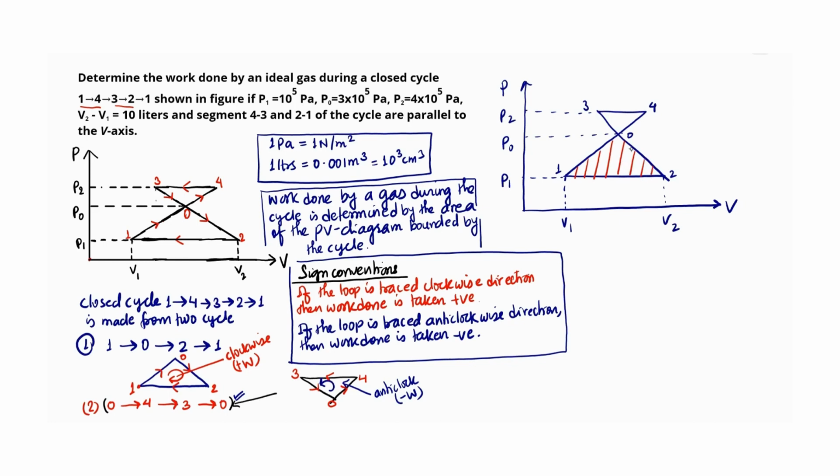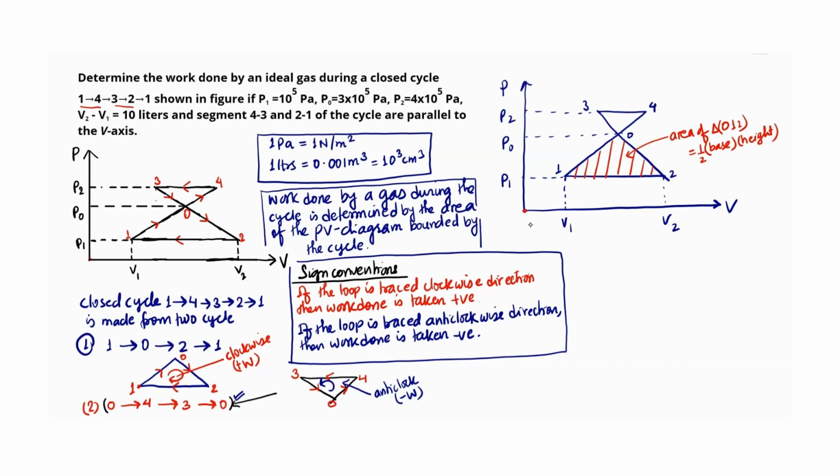Clear? So to find work done, we have to find the area of triangle, let's say 0, 1, 2. And this equals half times its base times its height. So we have to find its base.